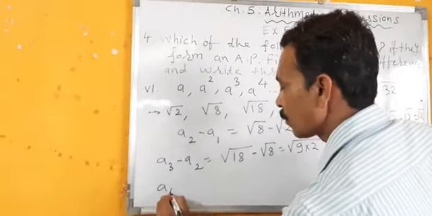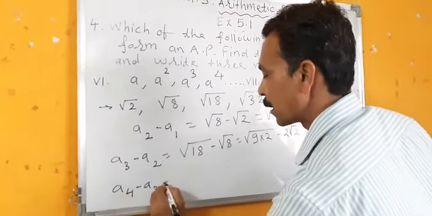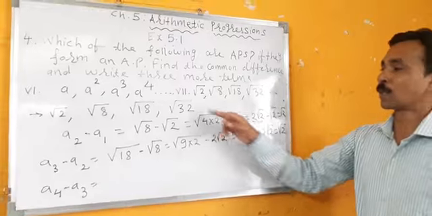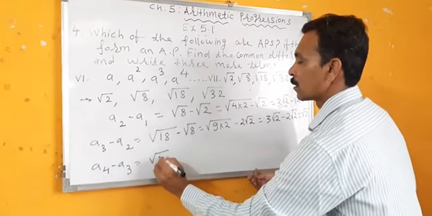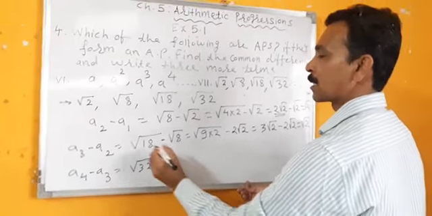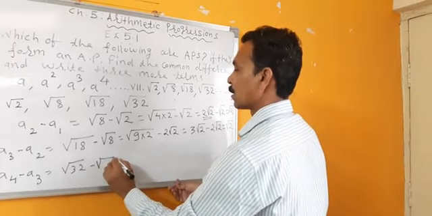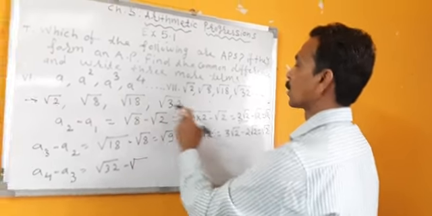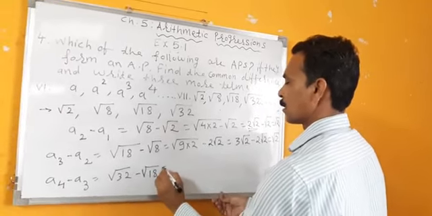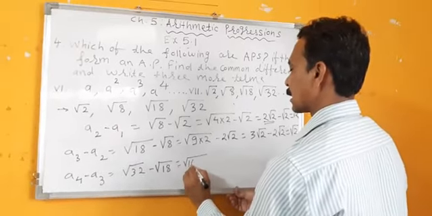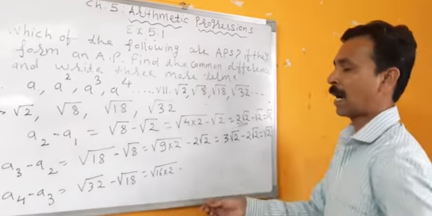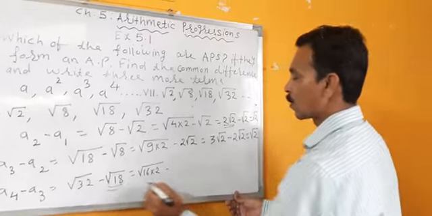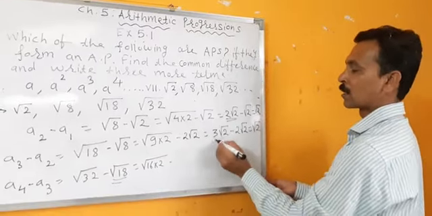Now A4 minus A3. What is A4? Root 32 minus A3. A3 is what? Root 18. Root 32 means 16 into 2 minus root 18. How is root 18 written? 3 root 2.